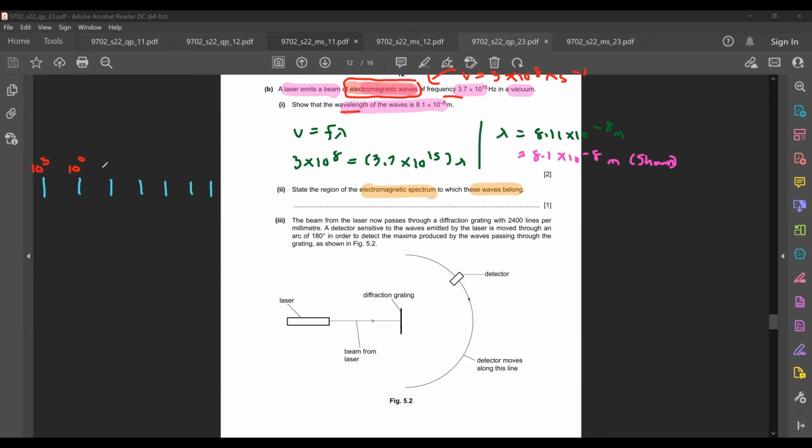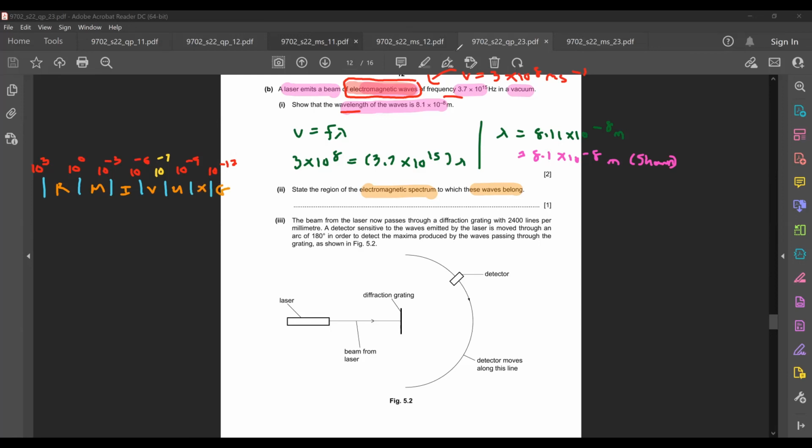This one will be 10 power 0, 10 power minus 3, 10 power minus 6, 10 power minus 9, 10 power minus 12. Always remember to put in 10 power minus 7 here because this one is for visible light. Last time I mentioned to you, raging Martians invade Venus using X-ray gun.